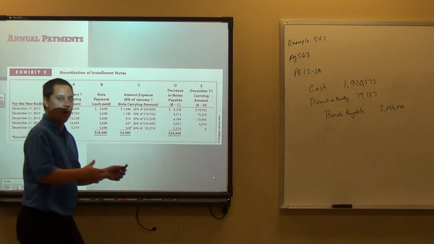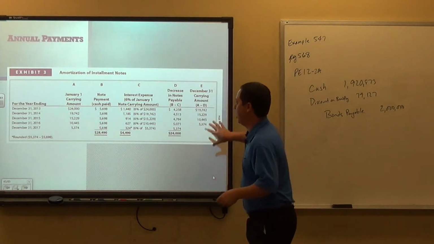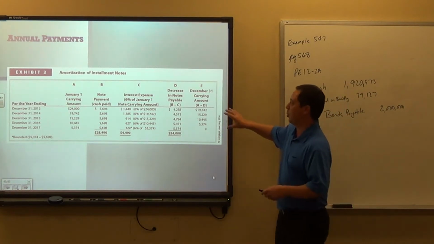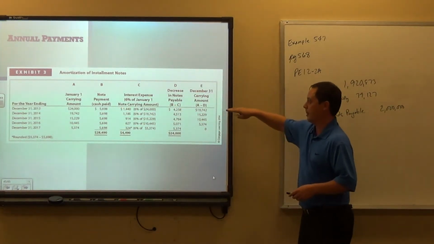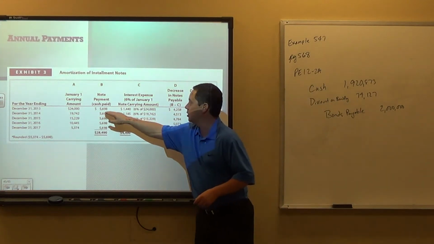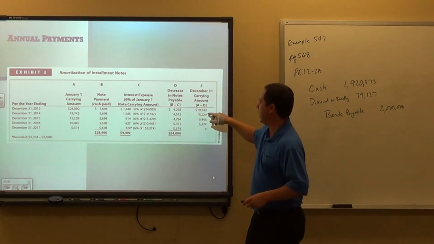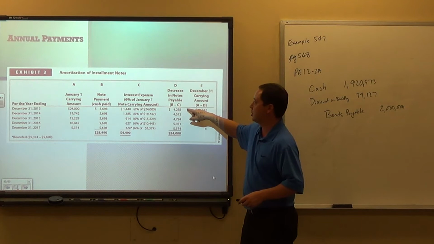In intermediate accounting II, you'll go over a lot more of this area also. But basically we're breaking this down. We have your beginning carrying amount, this is our interest paid here, and then this is our decrease in notes payable.